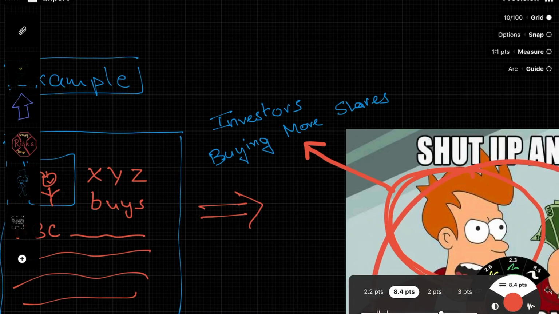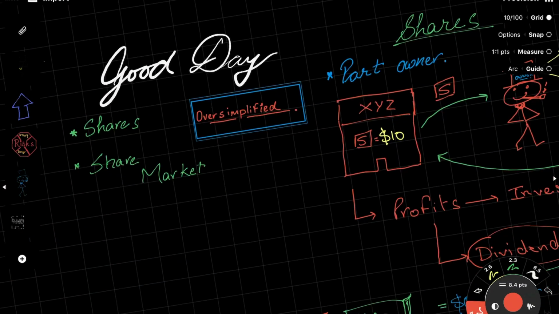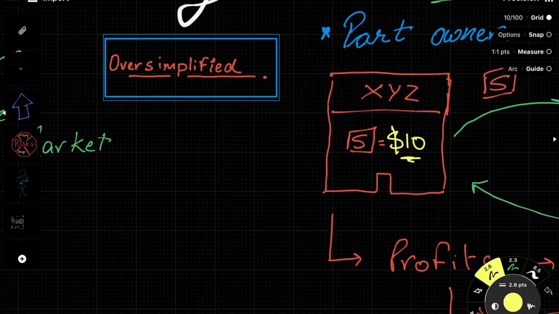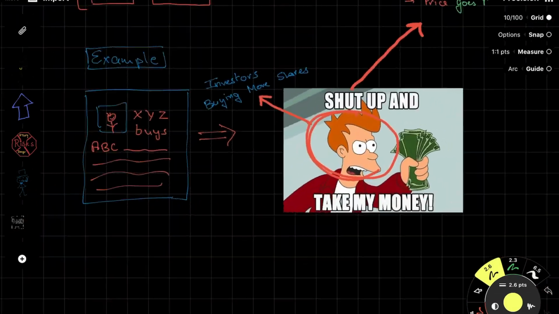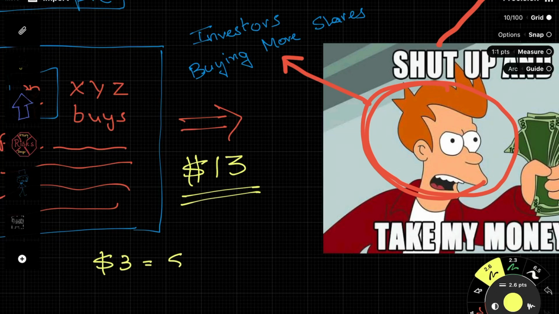They invest more in shares, which means the demand goes up, and which means the price of share goes up. Initially it was trading at $10, and now let's say the share price goes up to $13. What just happened here is called share price growth.